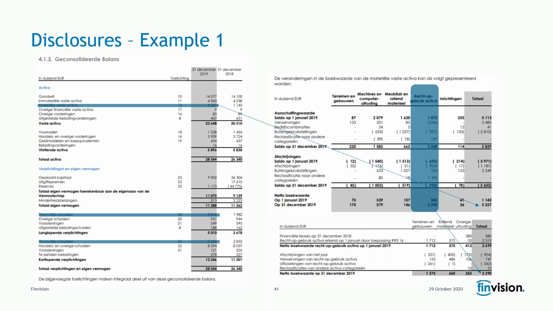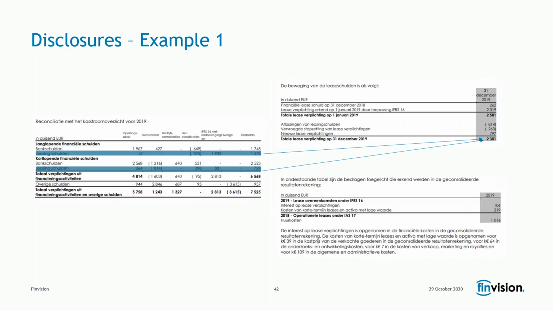If we then move on to the financial liability side, you can present a reconciliation with the cash flow statement. So where you present what the repayments were of lease payments. Like in this case, for instance, there were lease payments of 815k euro. Well, that 815 will be presented on the next slide as repayments of lease liabilities.